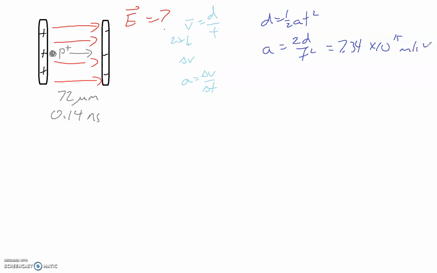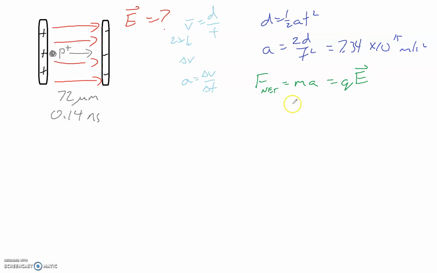All right, well, now we've got our acceleration. We can find our force, and this would be our net force, which of course is equal to ma. And since it's an electric field, this is going to be equal to QE. Again, this is exactly what you guys did in grade 11.